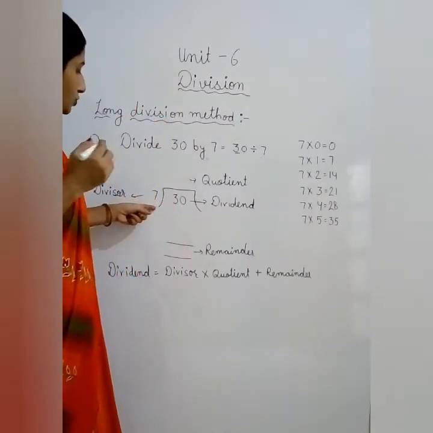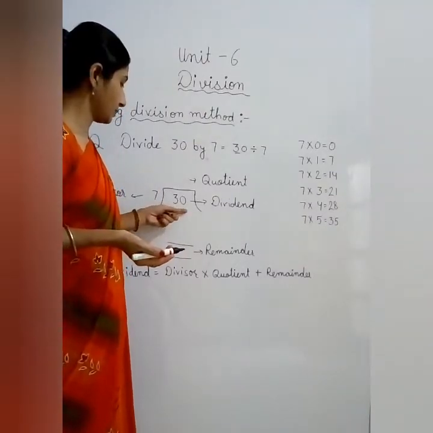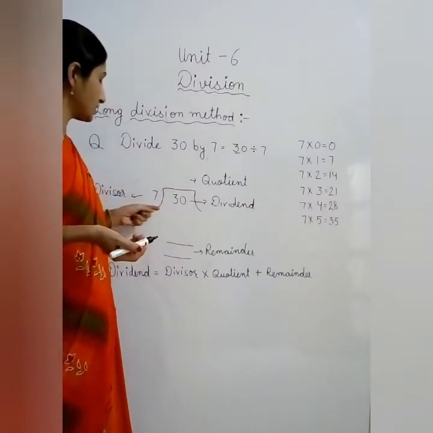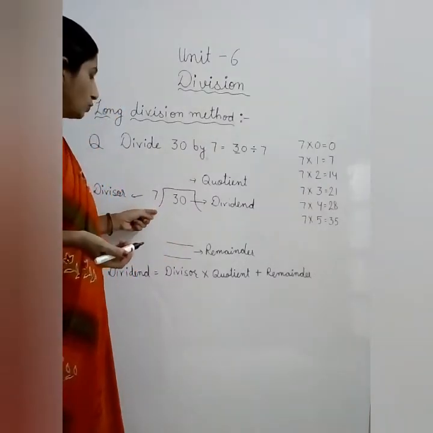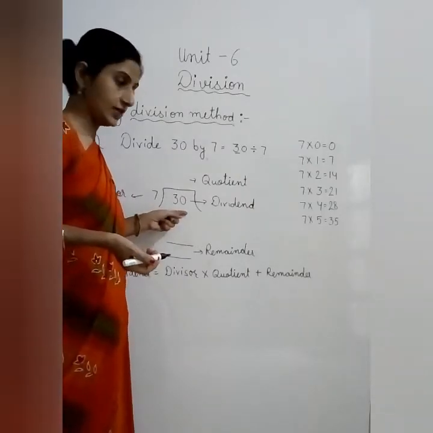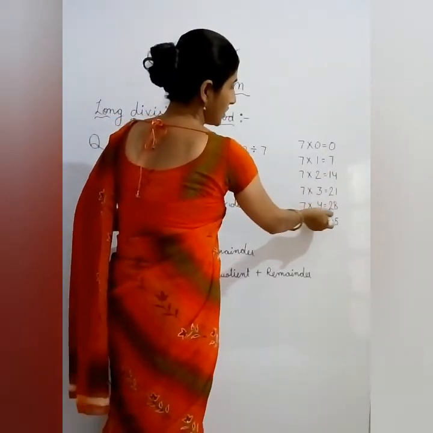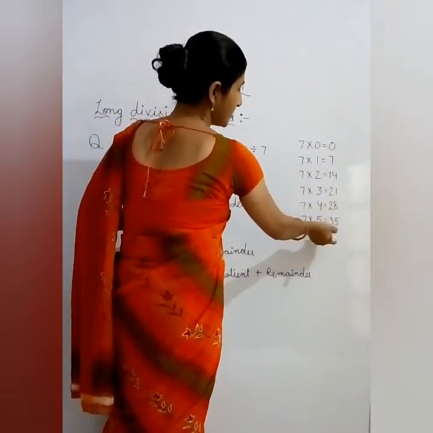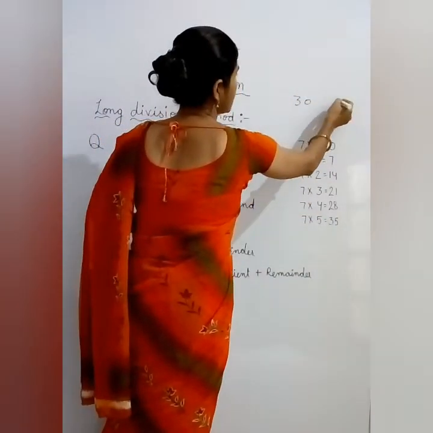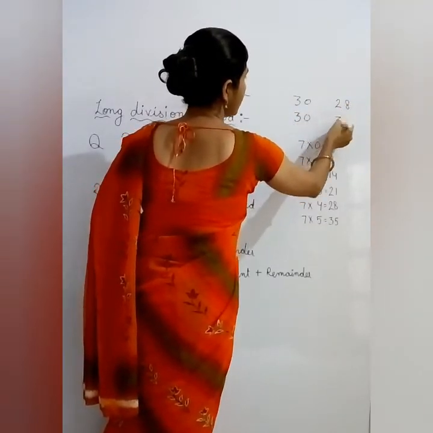So now you recall the table of 7 till you reach 30. But 30 does not come in the table of 7. So what do we do? We take a smaller number than 30. So see here, 7 4s are 28 and 7 5s are 35. Here is 30, here is 28. Here is 30, here is 35.